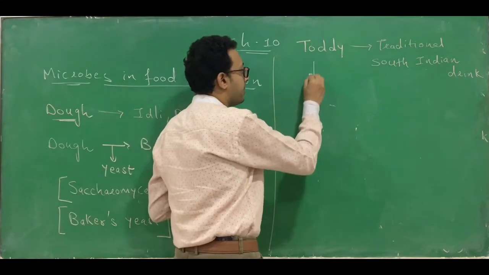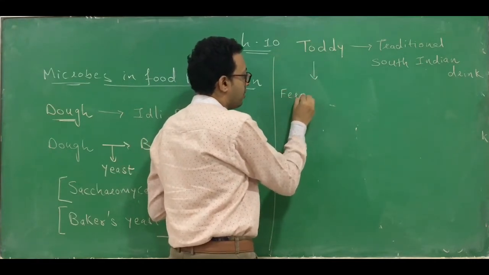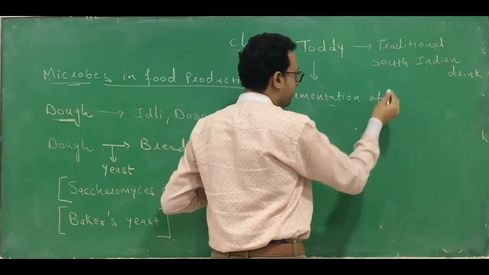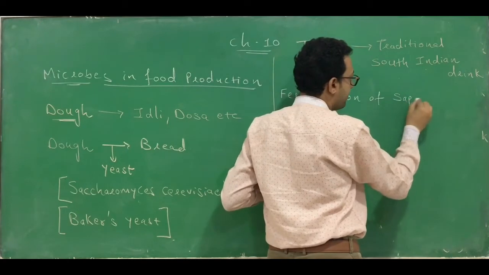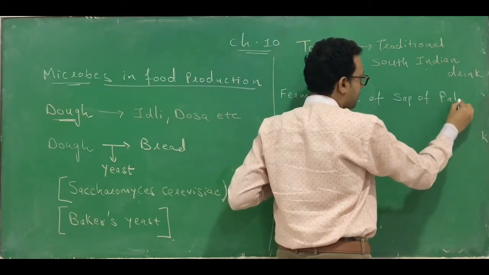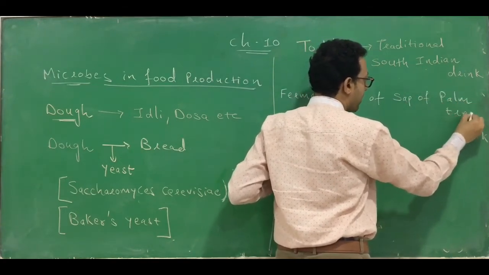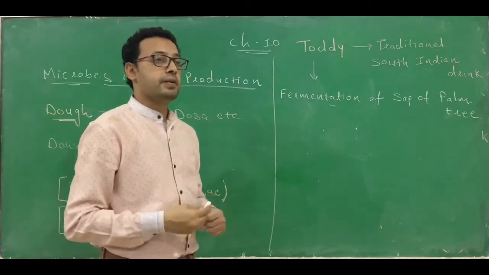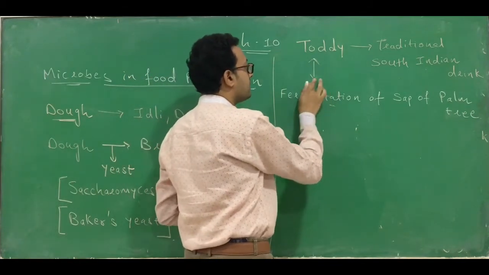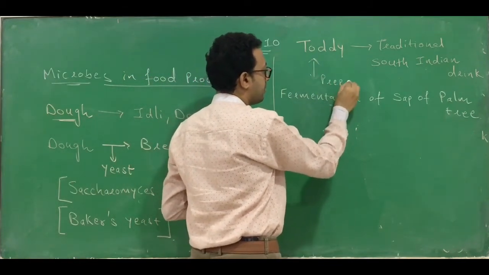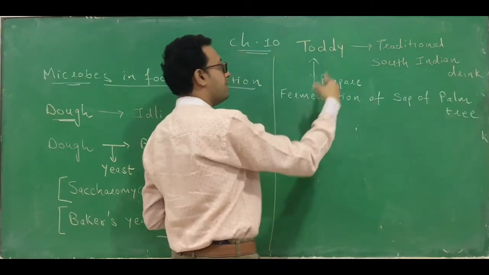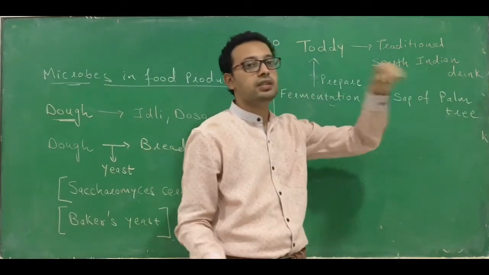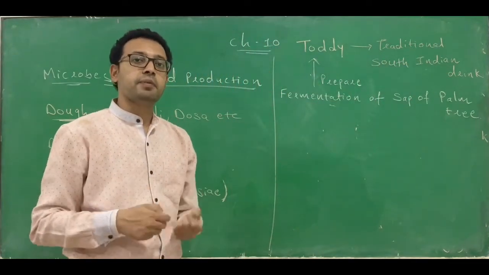The toddy is prepared by fermentation of the sap of a palm tree. Okay, by fermentation of the sap of a palm tree, this toddy drink can be prepared. What is toddy? It is a traditional South Indian drink, and thus we can prepare it.